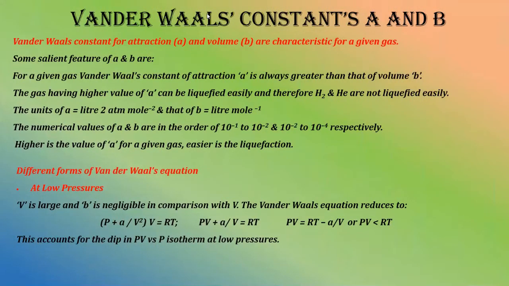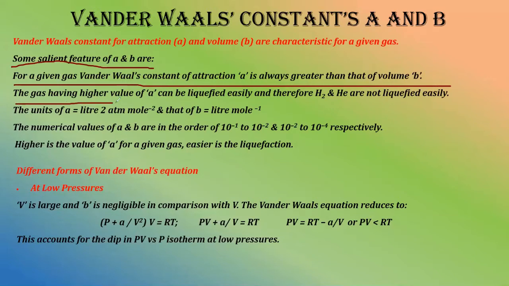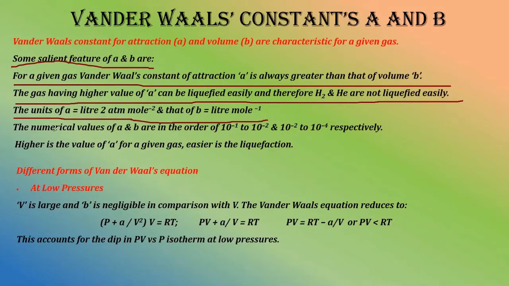It starts with the Van der Waals constants A and B. Some salient features are: for a given gas, A is always greater than B. The gas having a higher value of A can be liquefied easily, like H2 and N2. Units of A are liter squared atm per mole squared, and that of B is liter per mole.